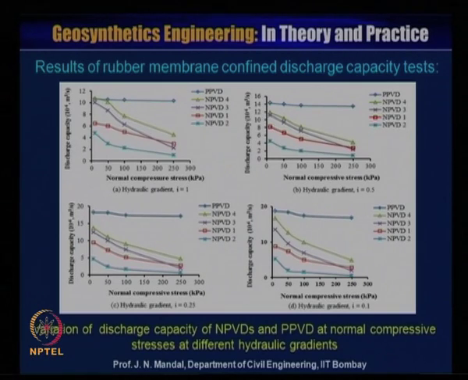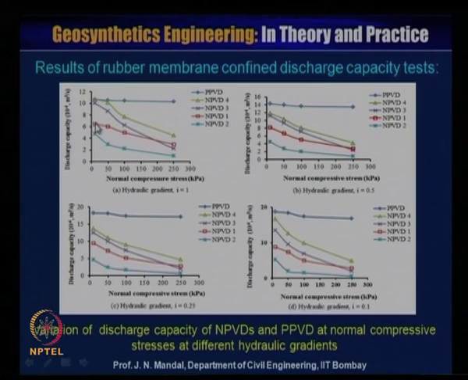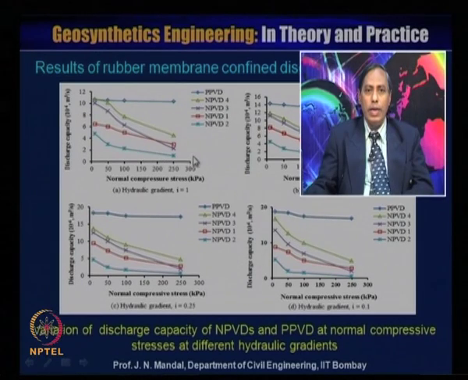From this test, here is the variation of discharge capacity of the natural prefabricated vertical drain and the polyester prefabricated vertical drain at normal compressive stress at different hydraulic gradients. The hydraulic gradient value is very important, because sometimes you can see the hydraulic gradient value is given as 5, 10, 15.